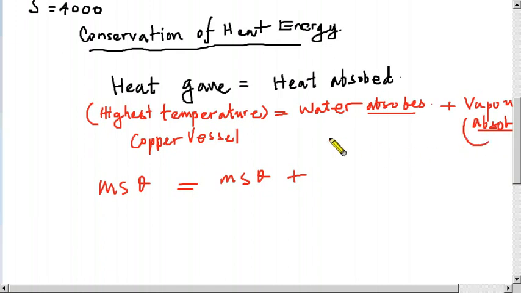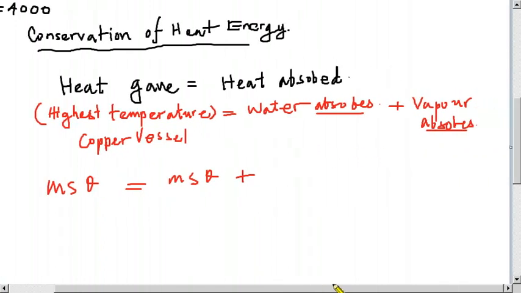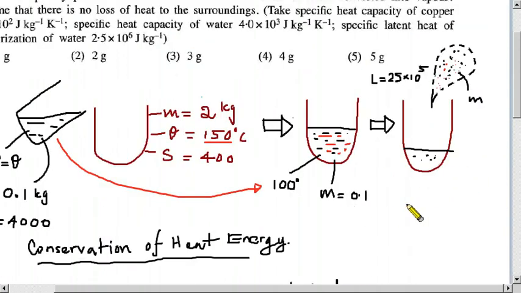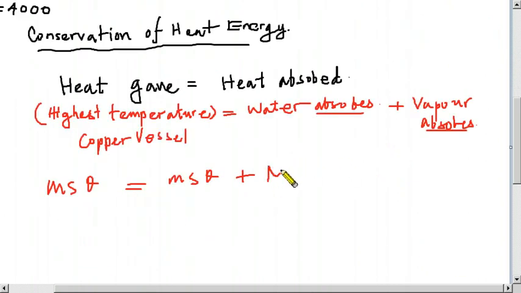Now vapor, to convert from 100 centigrade water to 100 centigrade vapor, that needs energy, that is given by the ml term. We know that is ml.